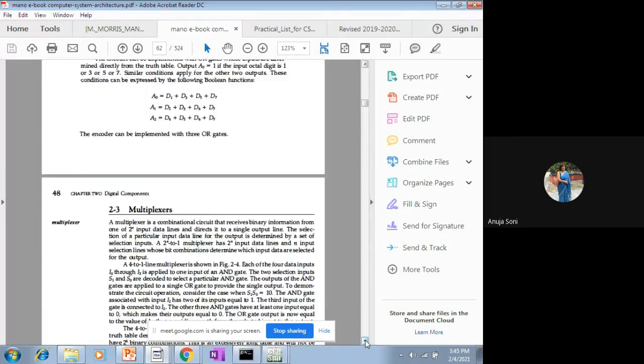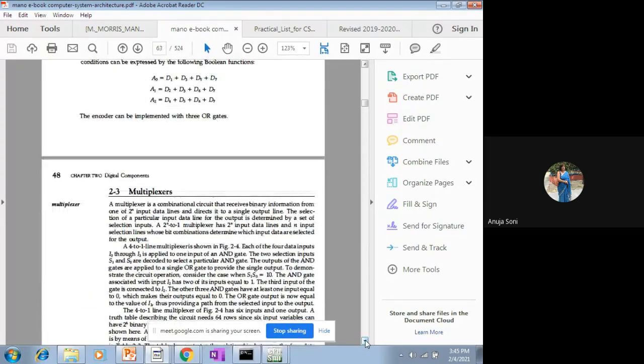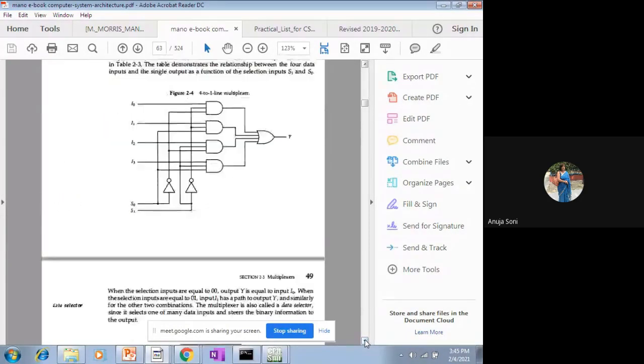Afterwards, your next example of a combinational circuit is the multiplexer. Again, section 2.3. So you may be asked to draw this kind of diagram for the 4:1 size multiplexer. You may be asked to draw the logic circuit diagram for this 4:1 size multiplexer as well as its truth table.